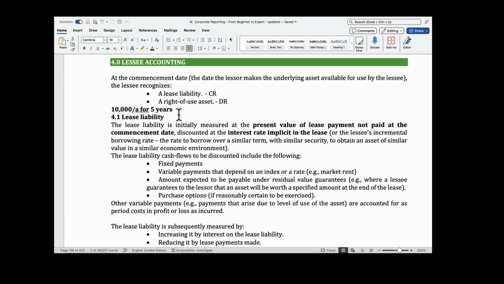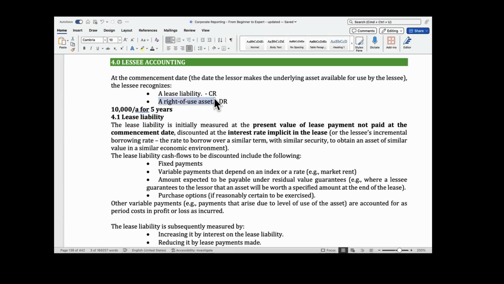So now, at the commencement date, as soon as the lessee starts using the asset, in fact, as soon as they have transferred the right to use the asset to him, that the asset is available for him to use, immediately the lessee will recognize a liability and a right to use that asset.